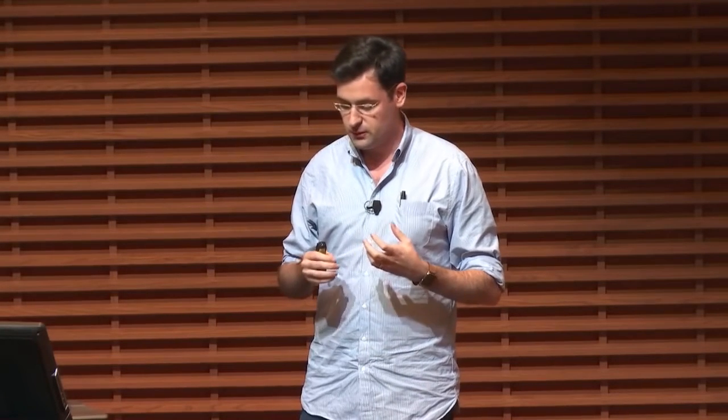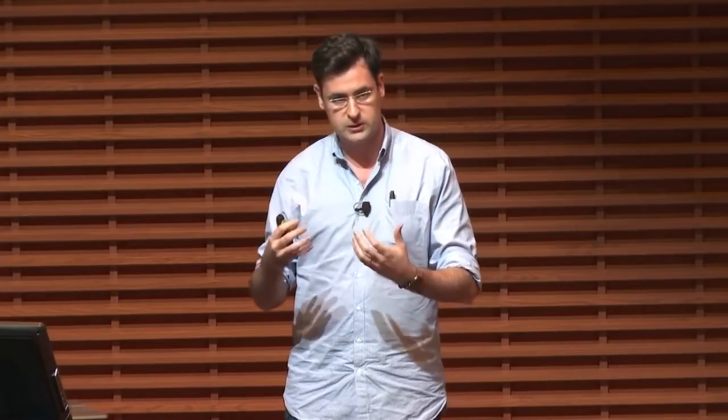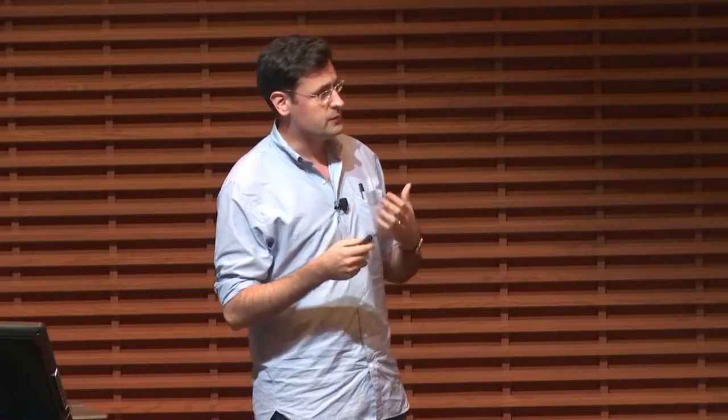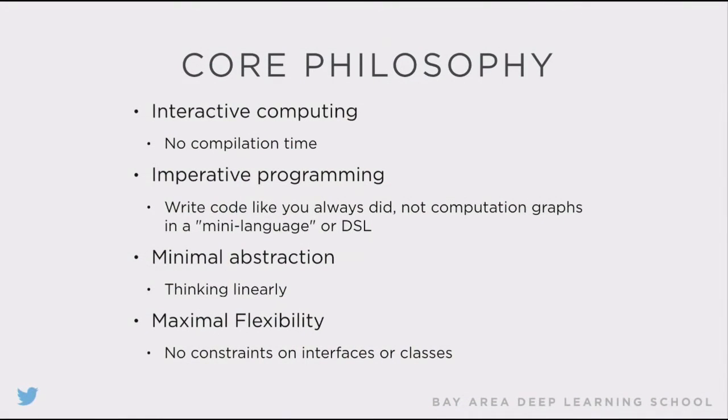The development of Torch, just to give you a sense of how we think about how it was built and how we're extending it, there are some tenets of our core philosophy. And really the first is, this isn't necessarily good or bad, but this is our choice: whenever you hit enter on a particular line in your iTorch notebook or on the command line, you should get an answer back.